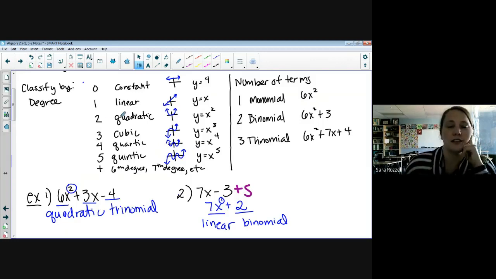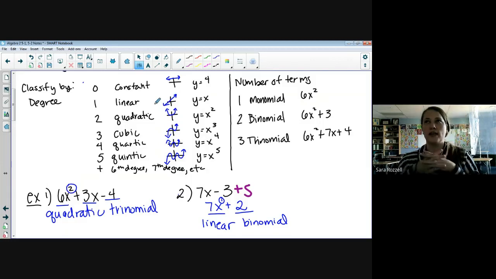Because if you notice, 2 and 4, those were both up. 1, 3, and 5 are down and then up.